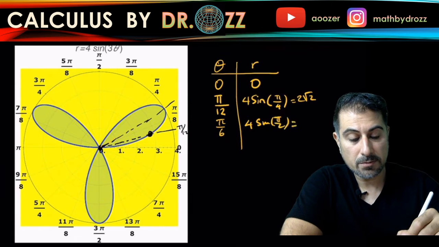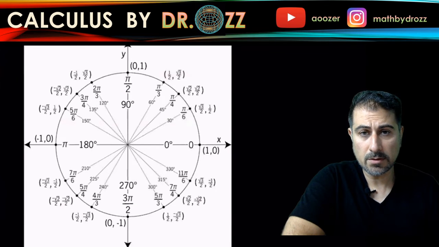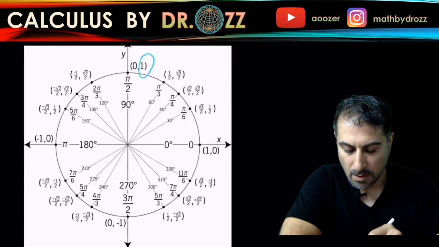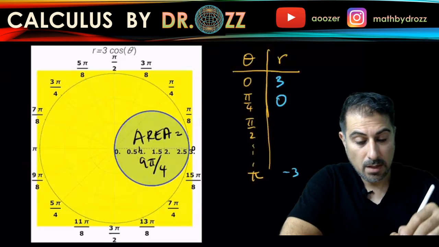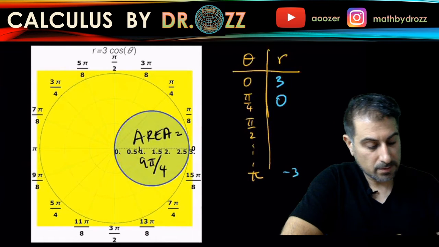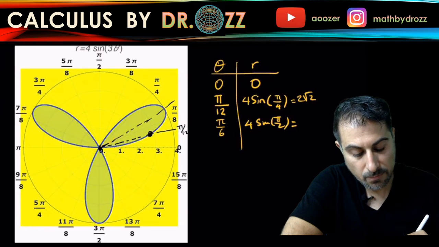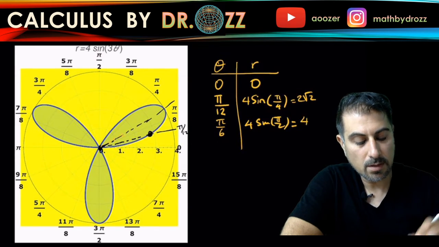At pi over 2, the y-coordinate is 1 on the unit circle. So that's exactly what I'm looking for. You can go back here and write that this is equal to 4. That means you're walking like 4 units on this graph.